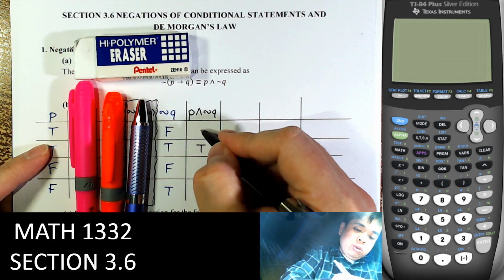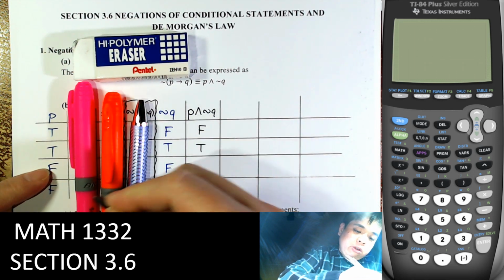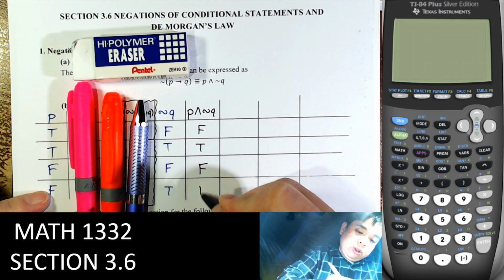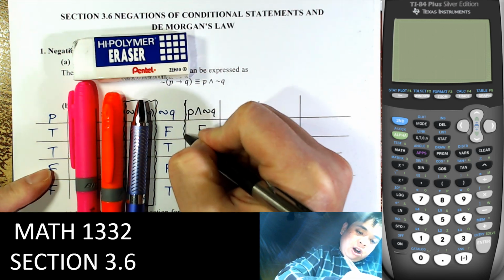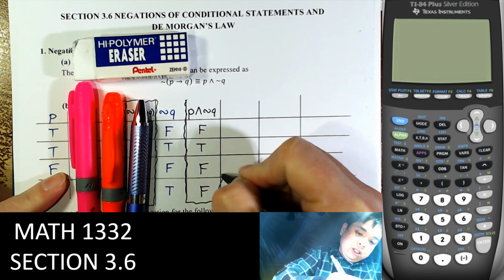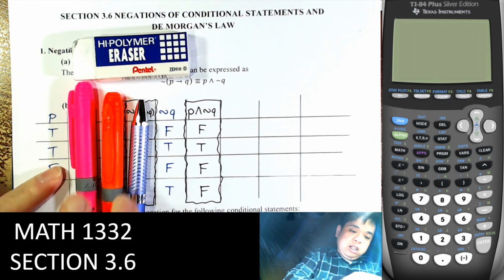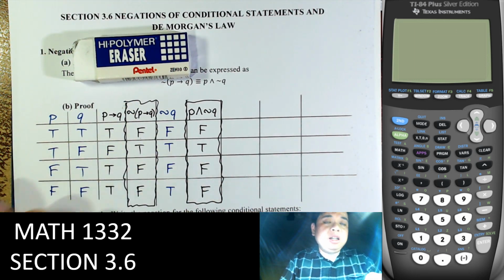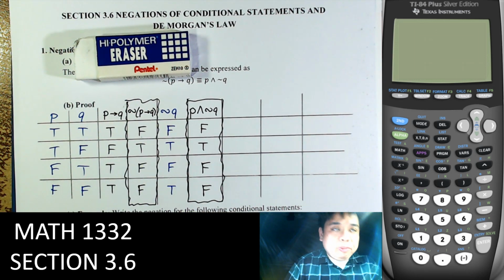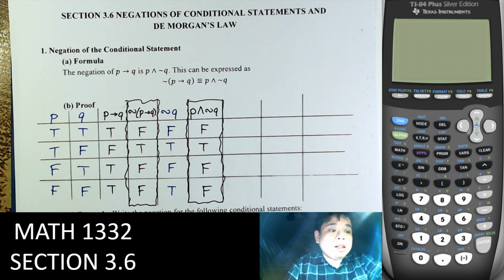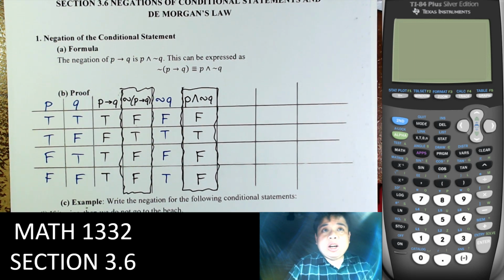So true, false, false, false. Now this is the second column that we need for the right hand side. As you see, compared to the left hand side, they are identical. So that proves that they are logically equivalent.